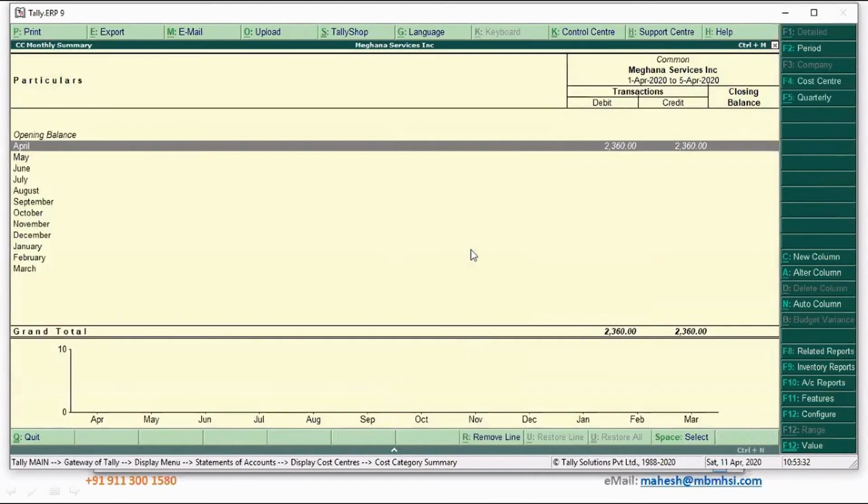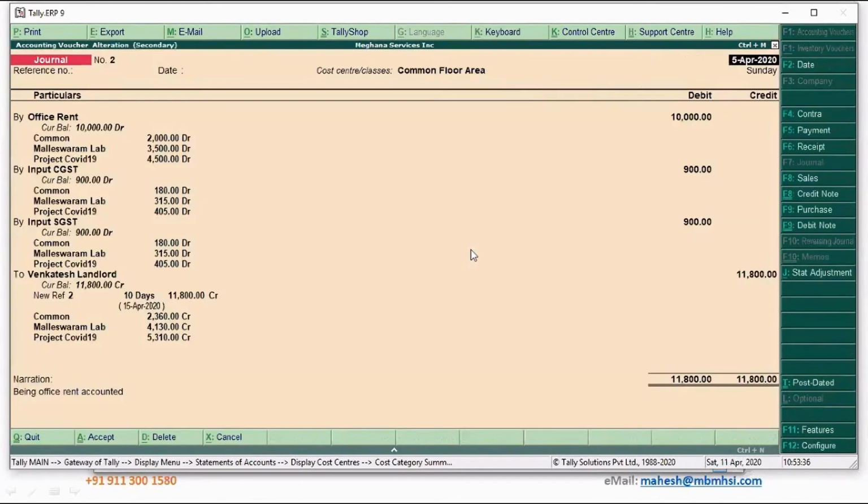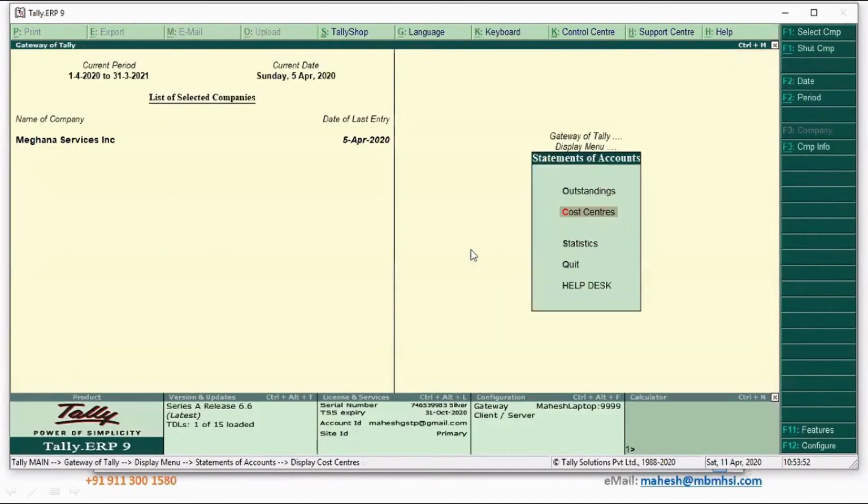This is automatically taken from the transaction. If you look at office rent in alteration mode, you could look at the auto allocations of cost centers, that is basically the projects. So the project has got automatically accounted.